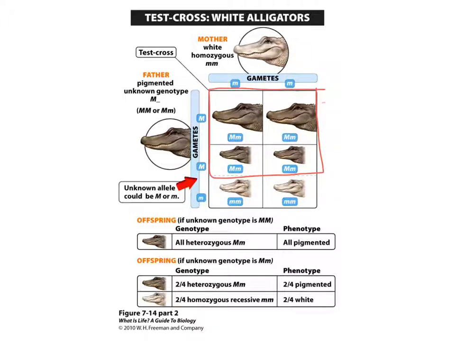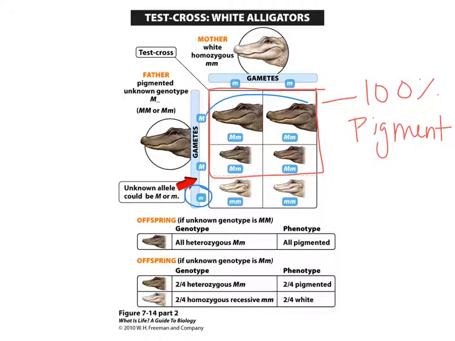So 100% of the offspring will be pigmented. If the father is heterozygous with a little m, we will see that 50% of the offspring will be pigmented and 50% will be albinos. This mix tells us what the genotype actually is.